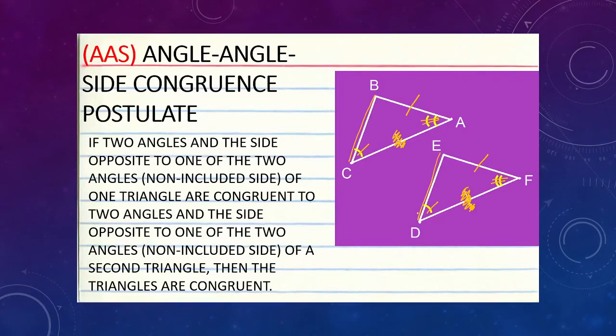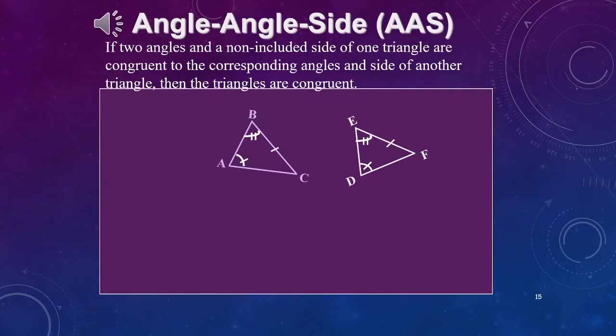Let's have more examples on this. Look at this figure. You have this one is congruent to this. So angle A is congruent to angle D. Next, angle B, this angle, is congruent to this angle. And lastly, what have you noticed with the side?